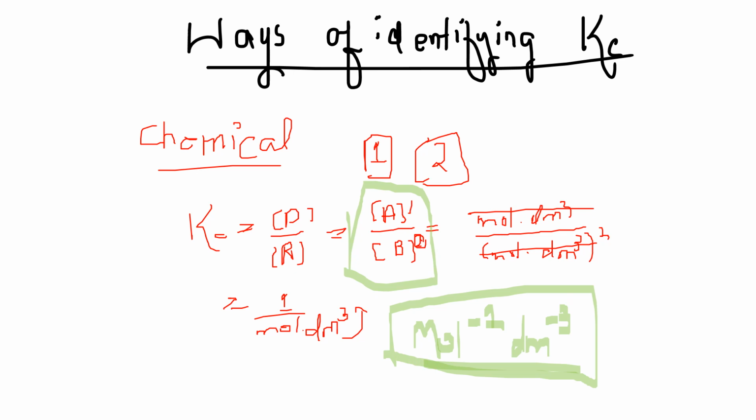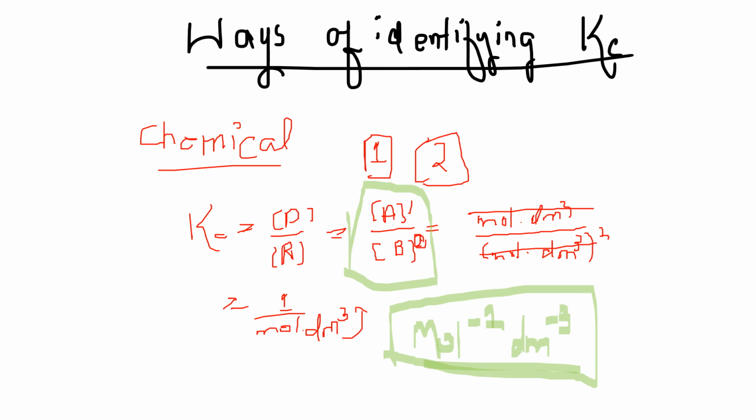Or the third way to identify the Kc is if you are given, just suppose, an example. This is a question: an essential step in the contact process is the oxidation of SO2 to SO3.